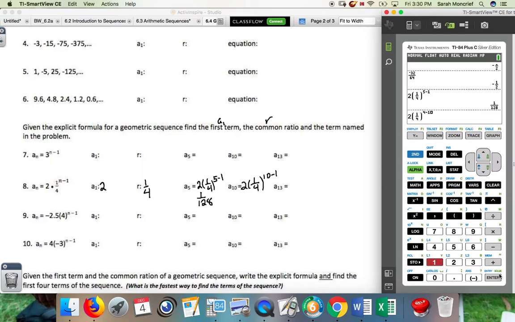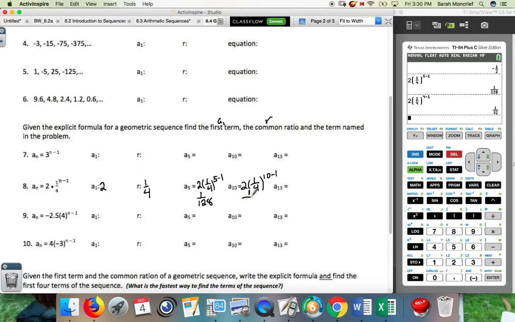I'm just plugging in 4 so we can see the pattern that's happening. So let's talk first, they're both fractions, obviously. So what is in the numerator, or the top of both their fractions? 1. So I bet you can guess that 1 is going to be in the top of the fraction of the 10th term.